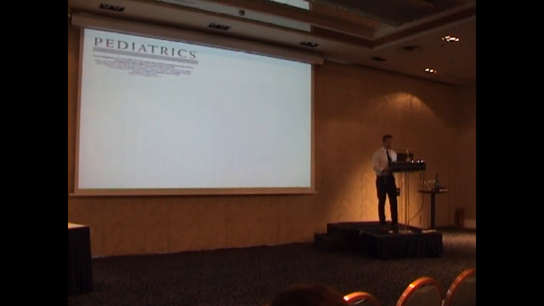One of the best ways to describe this is looking at newborn screening versus diagnosis by symptoms. So this study from the Wisconsin group in 2001 took 2 groups of children with cystic fibrosis. All of them were diagnosed by newborn screening, but half of them were randomized to only get the diagnosis if they presented with symptoms.